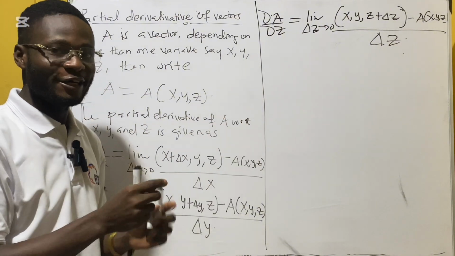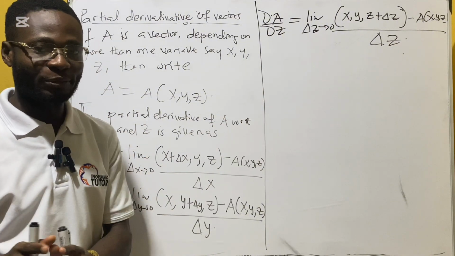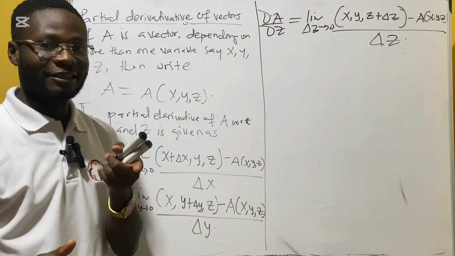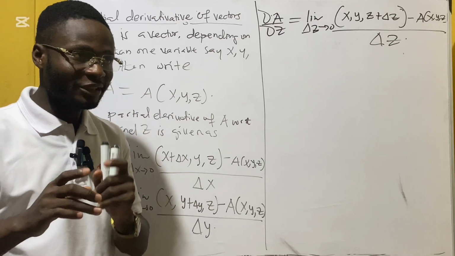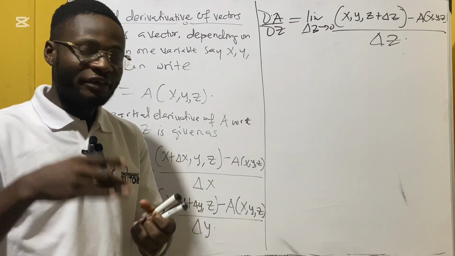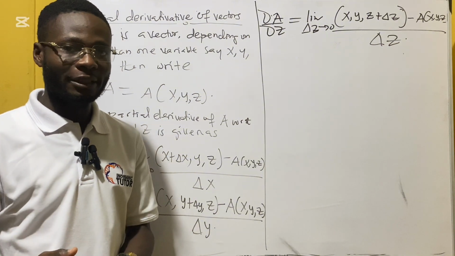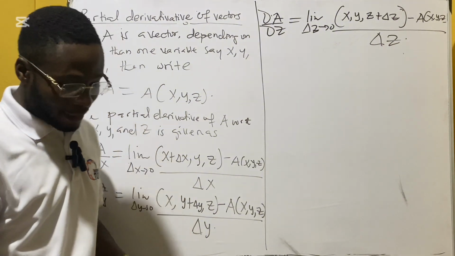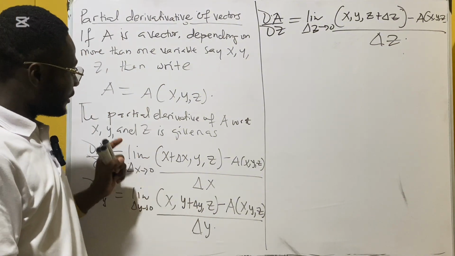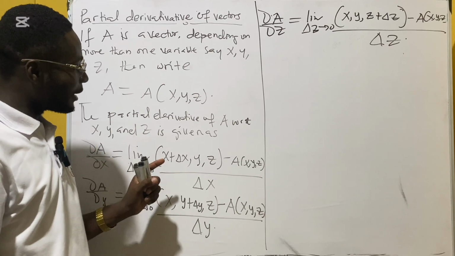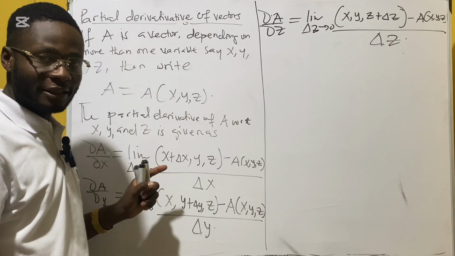This is basically from the first principle, so you have to understand that. Everything we did from the basics is a stepping stone to higher mathematics. Now we have the derivative with respect to x, y, and z.